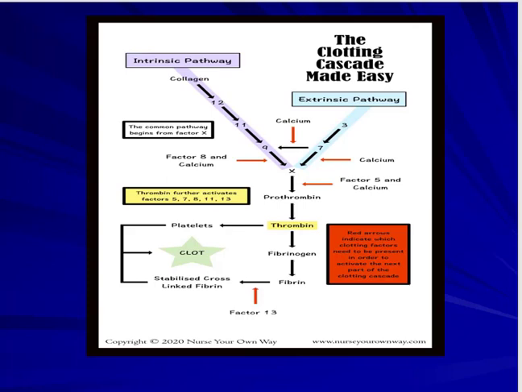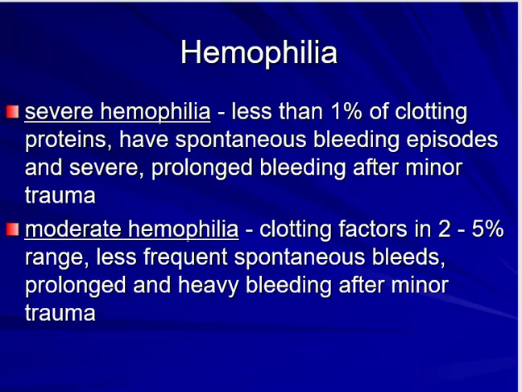I just put in the clotting cascade made easy again, just to show you where the clotting factors are. We have clotting factors 3, 7, 9, 11, 12, and also 5, 7, 8, 11, 13. In this image they have the Arabic numeral, but they're usually referred to by their Roman numerals. So in severe hemophilia, they have fewer than 1% of the clotting proteins present.